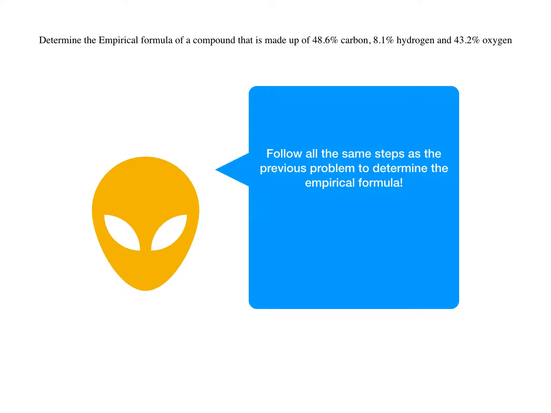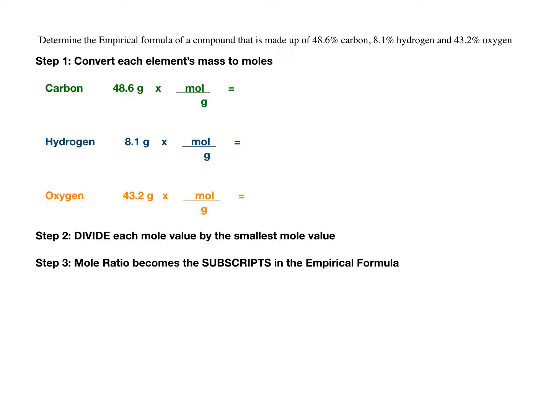Even with these small differences, we will follow the exact same steps that we did in example 1 to determine the empirical formula of the substance in the second problem. So step 1, convert each element's mass to moles. We have to convert 48.6 grams of carbon into moles, 8.1 grams of hydrogen into moles, and 43.2 grams of oxygen into moles.